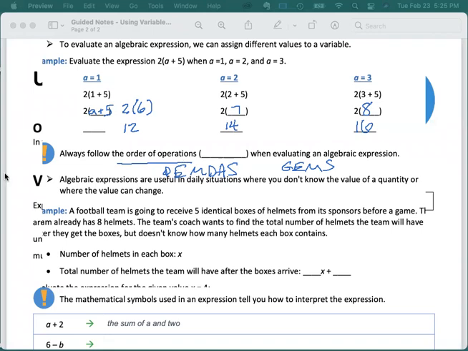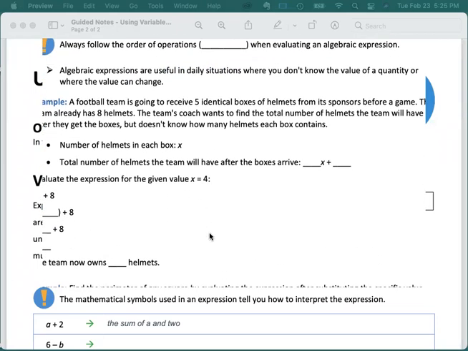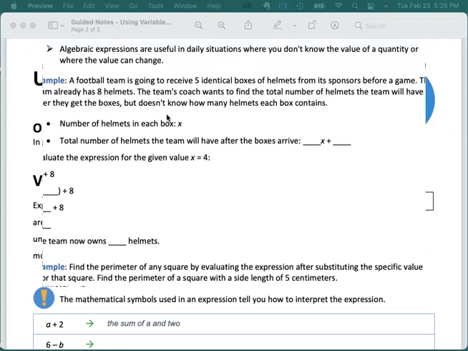All right, so if we have a word problem down here with a football team, a football team is going to receive 5 identical boxes of helmets, and they already have 8. So the coach wants to find the total number of helmets the team will have after they get the boxes, but doesn't know how much each box contains.